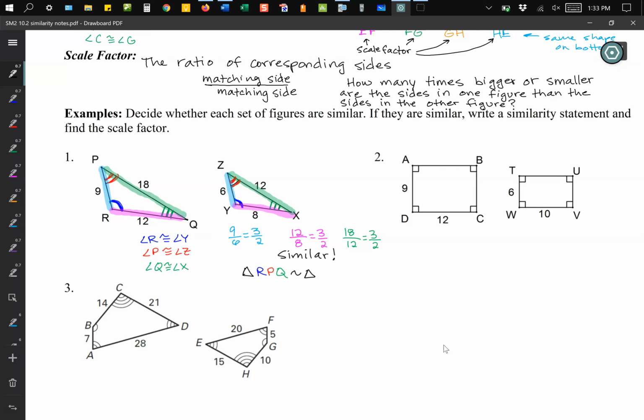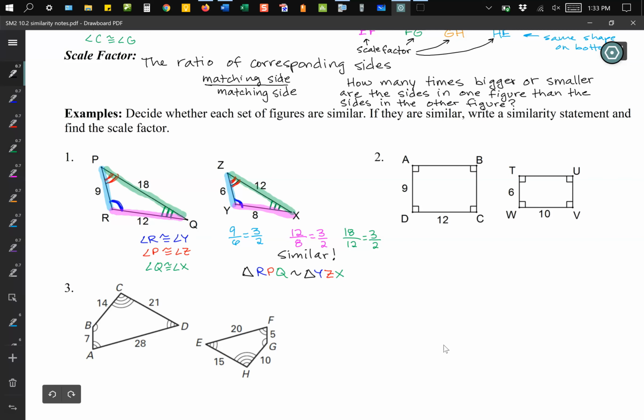Since angle R was congruent to angle Y, the first letter I put over here needs to be Y. Since P was congruent to Z, the second letter needs to be Z. And since Q was congruent to X, I need to write X. So the order on the second one needs to match the order on the first one.